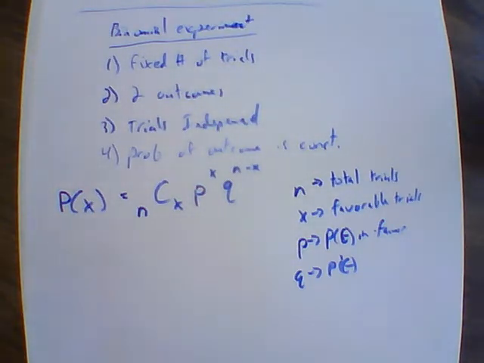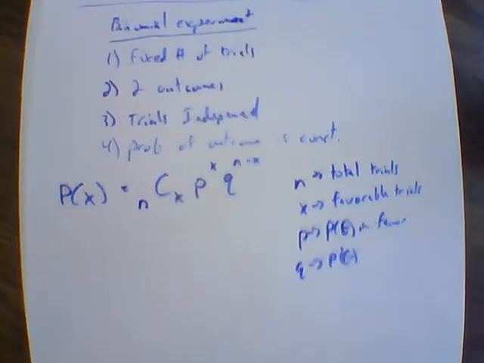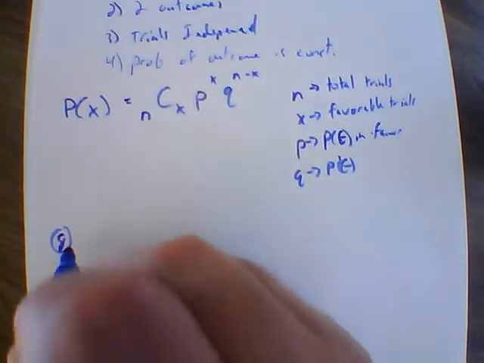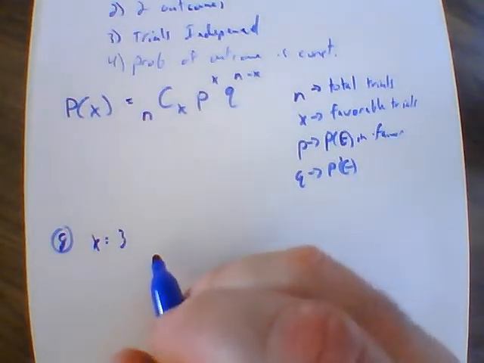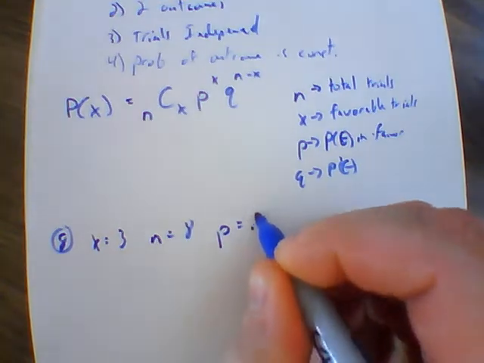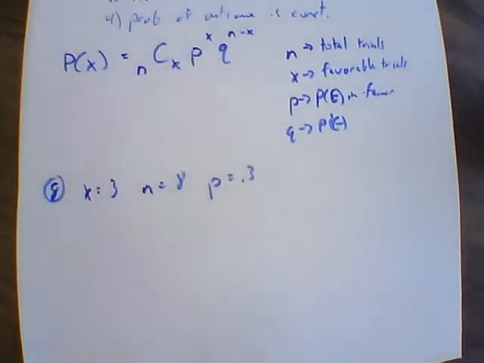So let's take a look at number 8. On number 8 here, it says that x equals 3, n equals 8, and the probability is 0.3. It asks us to find the probability of x successes in n trials for the given probability of success p on each trial.